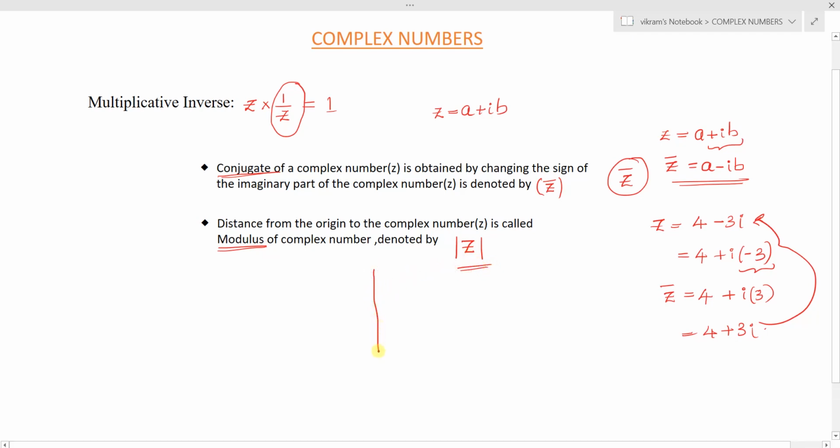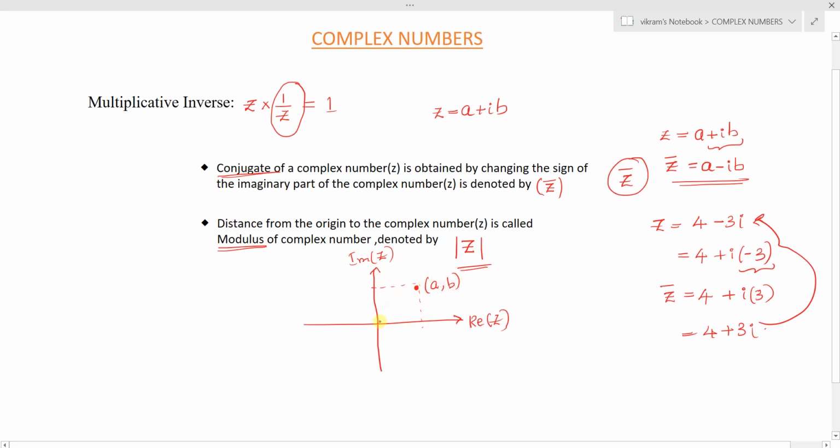Now in an Argand plane, with the real part and the imaginary part of the complex number, I am considering z as a complex number here, which is the point a comma b.